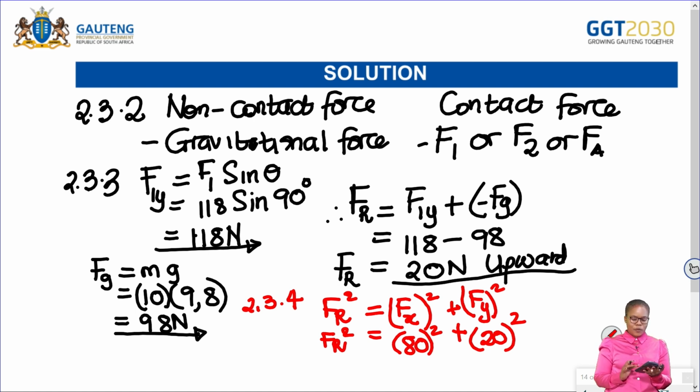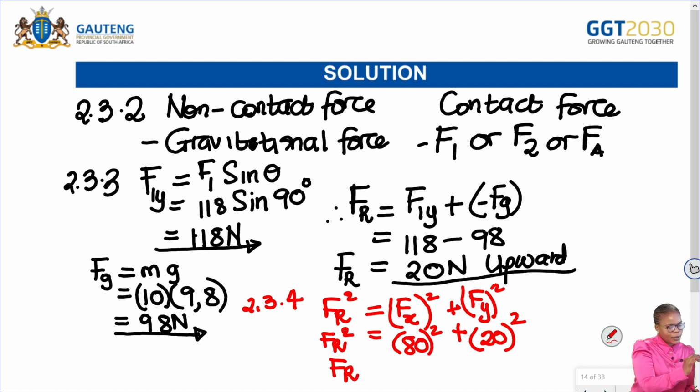Then the square root of 6,800 is going to give you, therefore, your FR, which is 82.46 newtons.